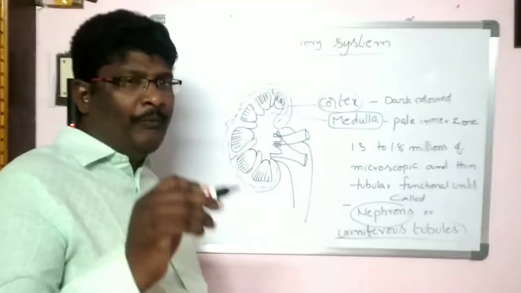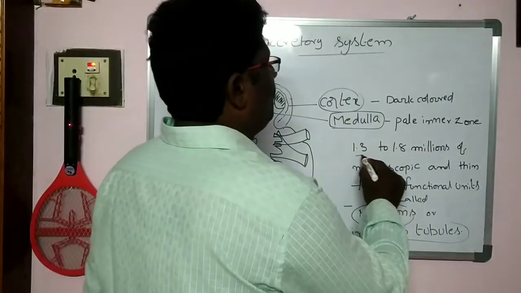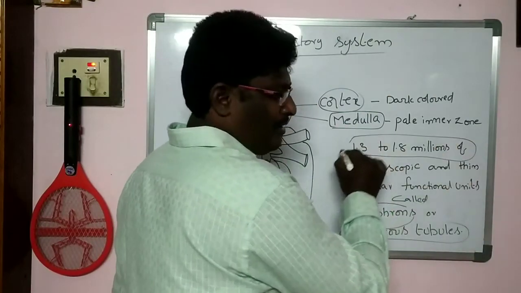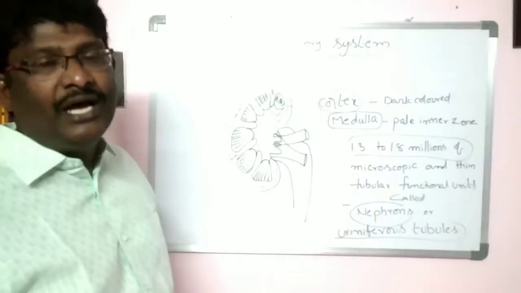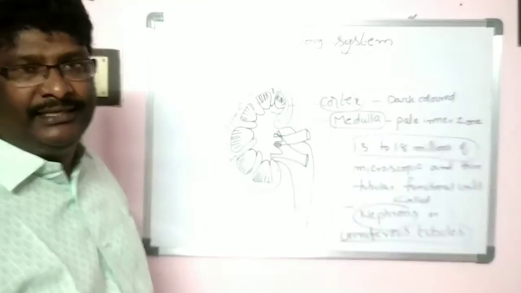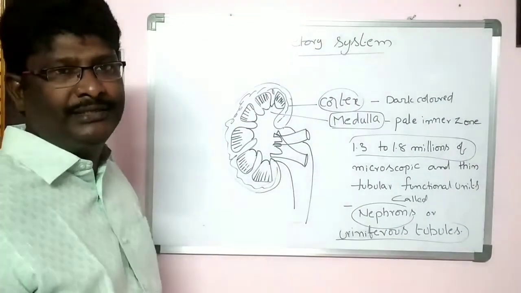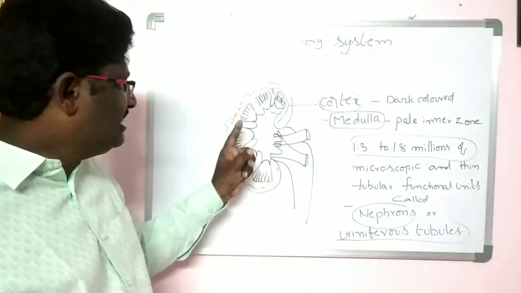At least 1.3 to 1.8 million nephrons are there in one kidney. The filtration process takes place in these nephrons only.